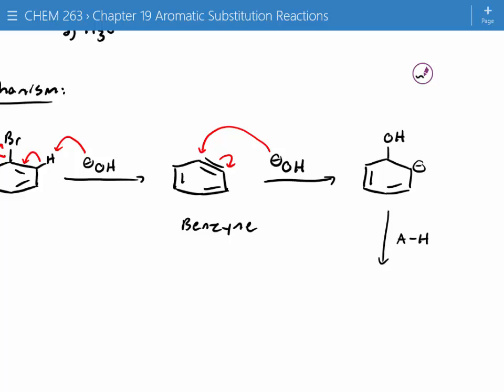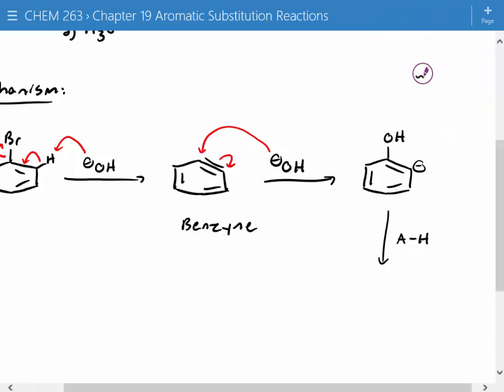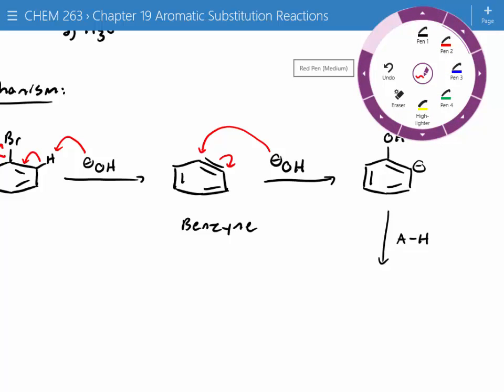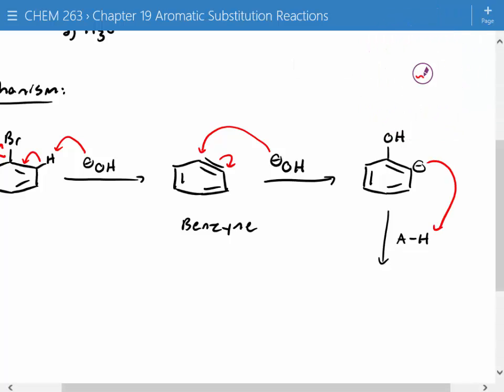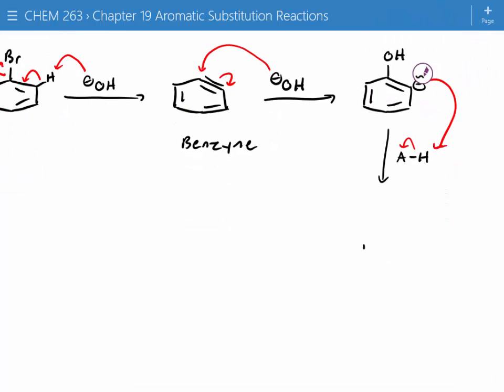Usually it's actually another phenol molecule because the hydrogen on that alcohol is fairly acidic. Oh, sorry, I'm missing a double bond there. There we go. And then you can have this double bond come grab its proton back, form your conjugate base. And you're good to go.